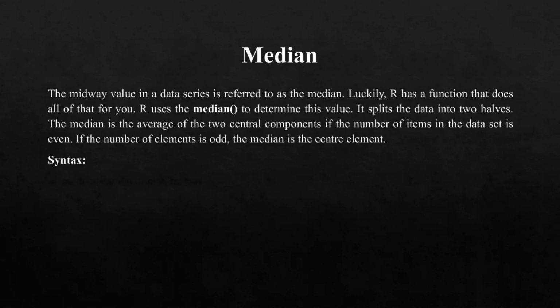The median is the average of the two central components if the number of items in the data set is even. If the number of elements is odd, the median is the center element. The syntax is as follows. Just use the median keyword, pass the data frame or variable, then some parameters. Let's move to RStudio.